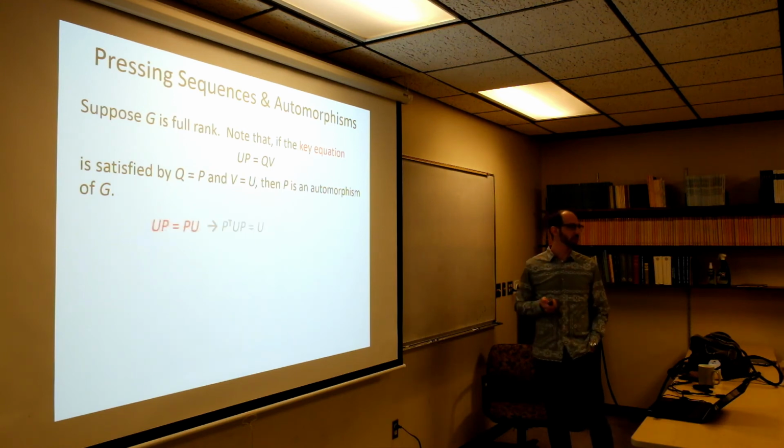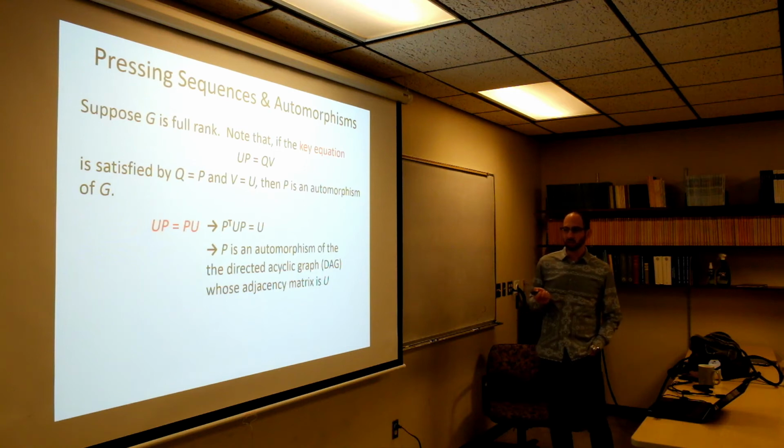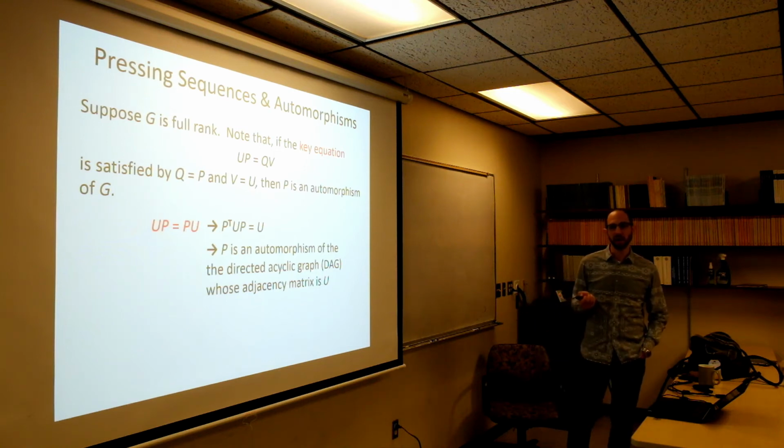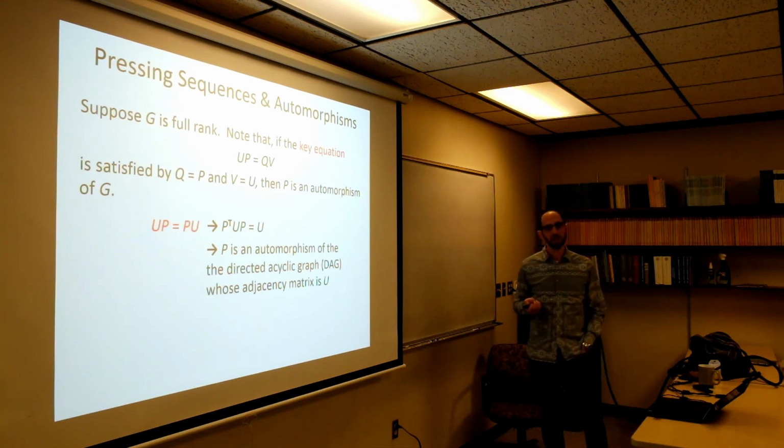Now, actually, I can say more than that. Suppose that UP equals PU. Well, then, of course, P transpose UP equals U. Everything's invertible, right? Because this is all in the invertible case. Notice this actually says something more than that it's just an automorphism of G. It says that P is an automorphism of the directed acyclic graph whose adjacency matrix is the upper triangular matrix U. If you have an upper triangular matrix U, you can think of it as a directed acyclic graph.